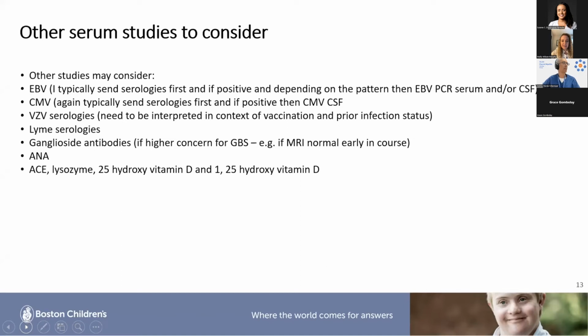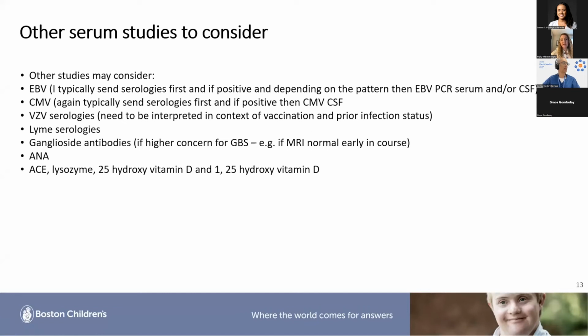Lyme serologies in Lyme endemic areas, particularly if cranial nerve involvement is prominent, and nerve root involvement is prominent. Ganglioside antibodies if there's higher concern for GBS, for instance, if the MRI is normal early in the course. And ANA, now that can obviously be positive both in autoimmune diseases and in infections, and so I interpret that in the clinical context.